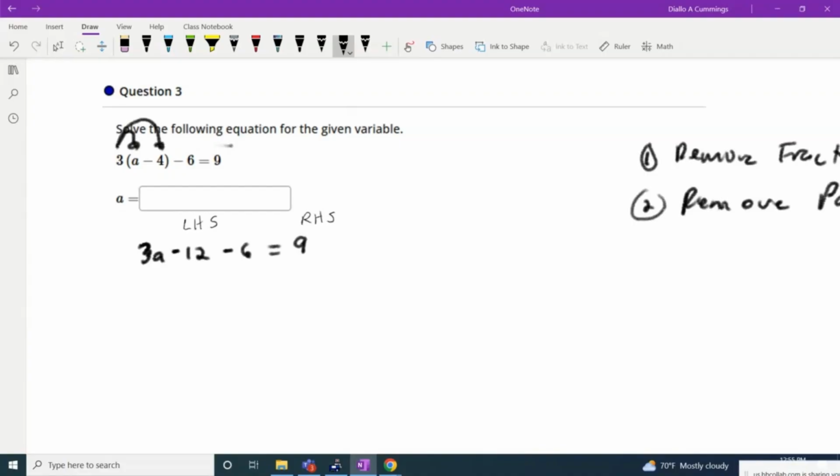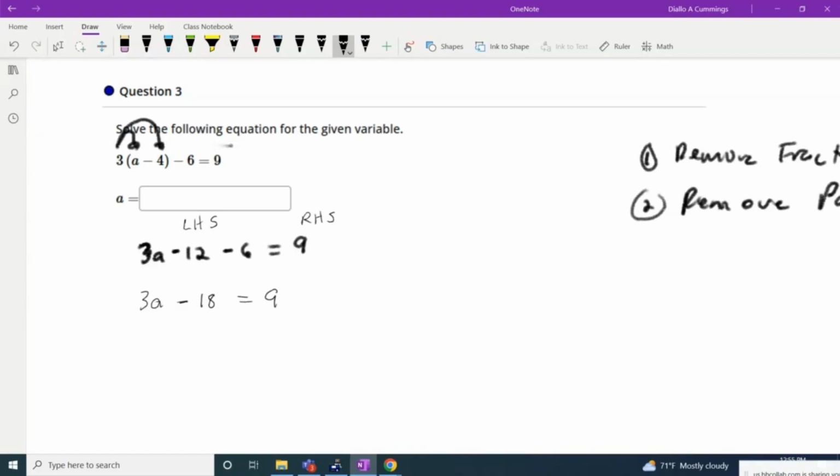So remember, a constant is just a single number. There's no variable attached. So I'm going to bring down 3a. Negative 12 minus 6, that's going to give us minus 18. And I'm going to bring down the equal to 9.